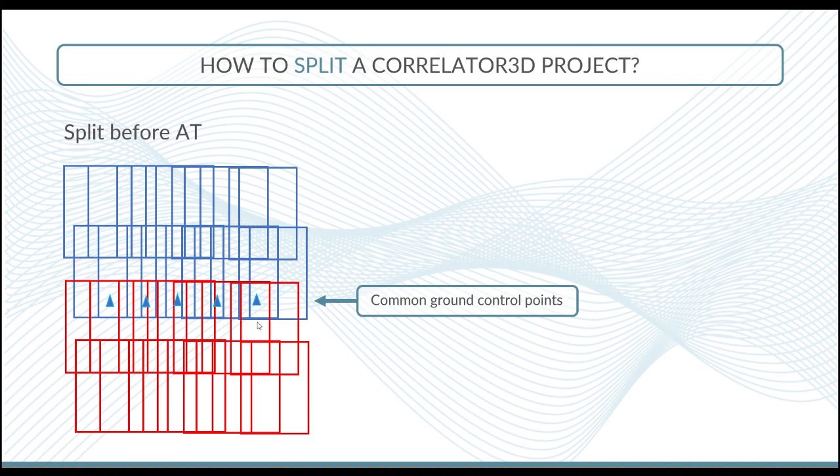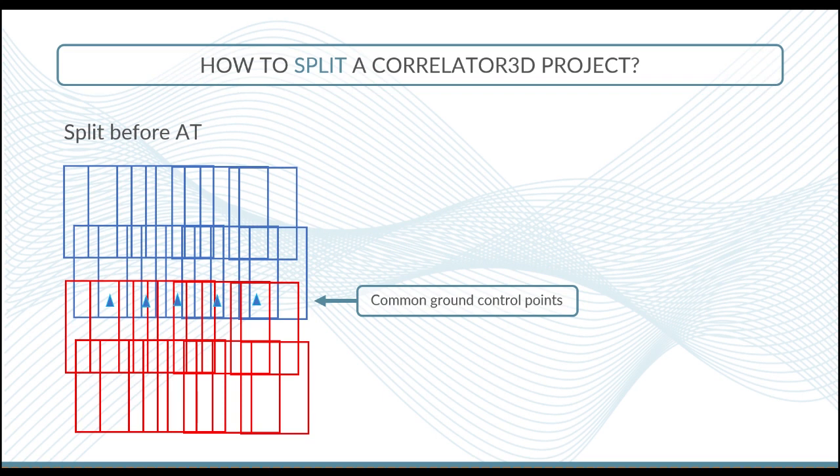This is to keep a good geometric accuracy between the blocks. You are going to use these common ground control points during the aerial triangulation on the first block, and you are going to use the same points to do the aerial triangulation of the other block.